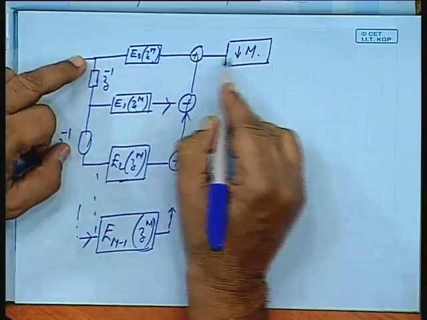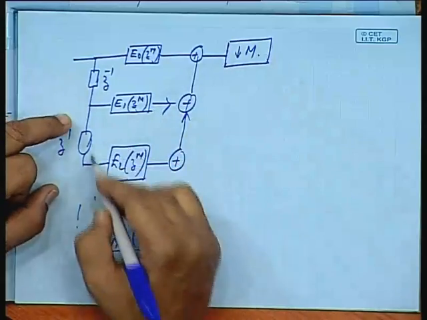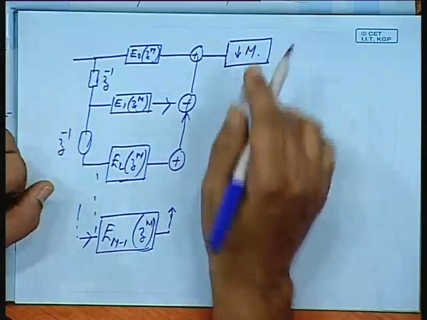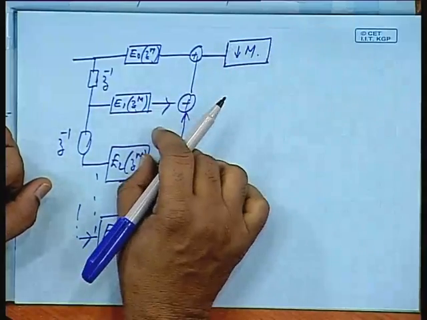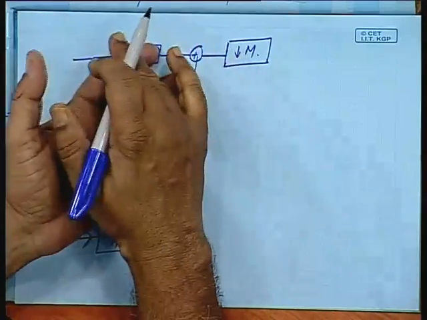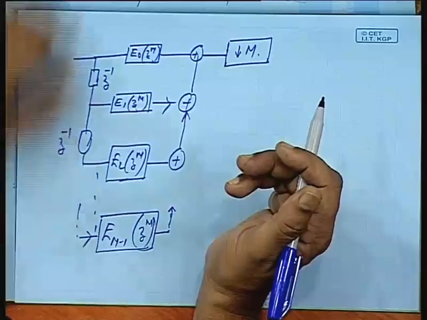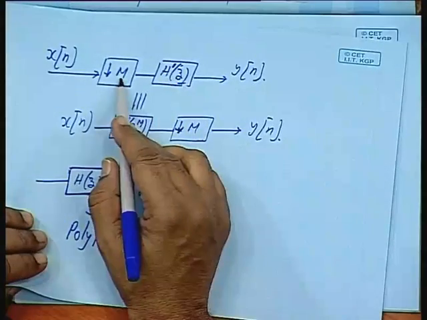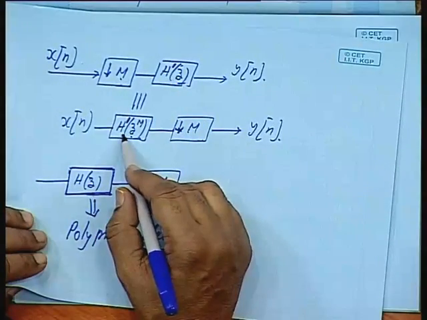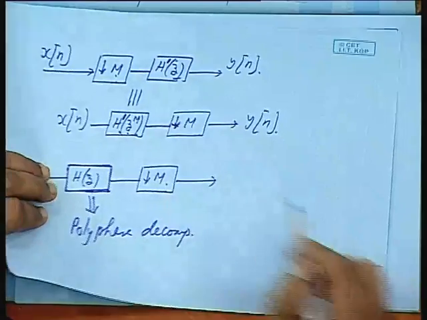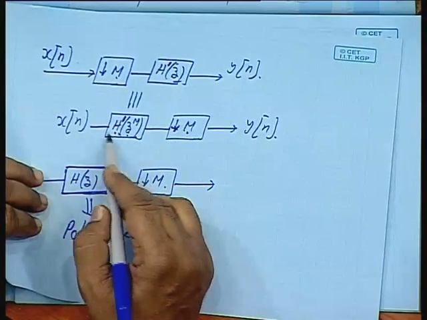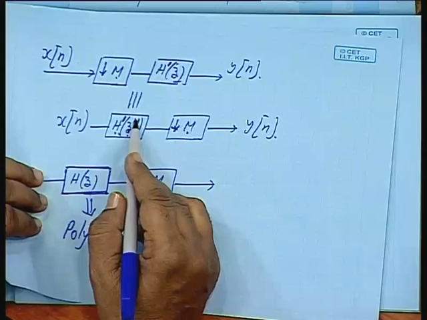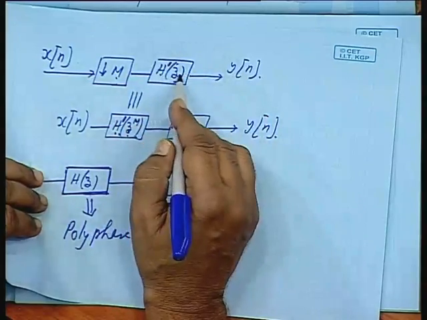Now, each one of them can be treated separately, is it not? And if I put a downsampler, that means I can put the downsamplers here. Okay. And then I can interchange by this relation, all right. So, if a downsampler is having previous to this H Z to the power m, then I can put H Z only.